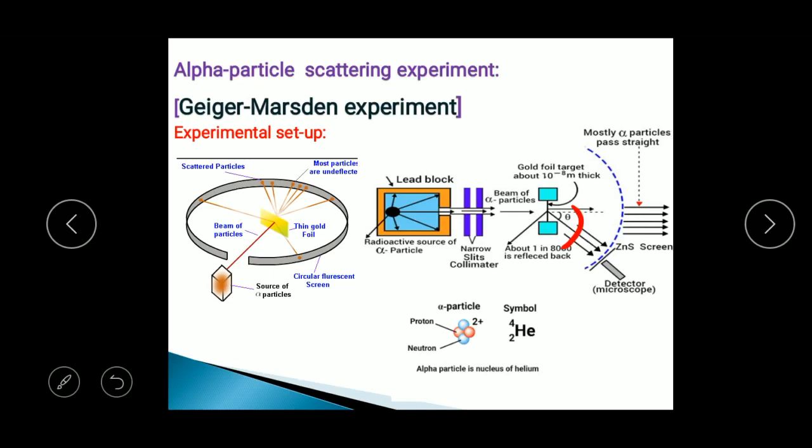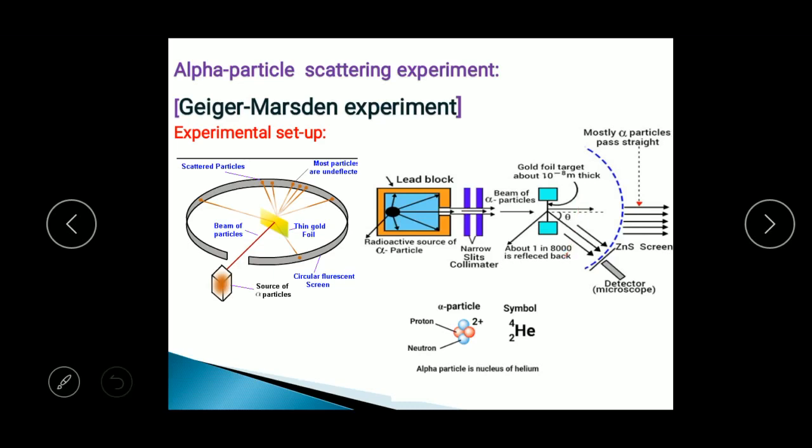The angle by which the alpha particles are scattered from the initial direction is called the angle of scattering, or the scattering angle. The deviation of an alpha particle from the original direction after scattering through the gold foil is called the scattering angle theta.